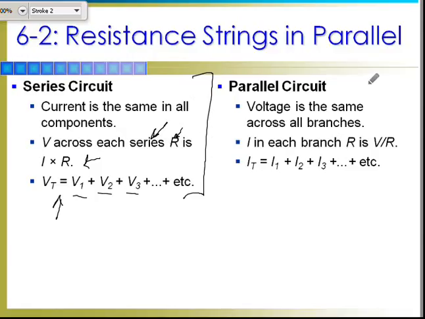In a parallel circuit, voltage is the same across all branches. I is still voltage over resistance, and total current is still the sum of each individual current for each branch.